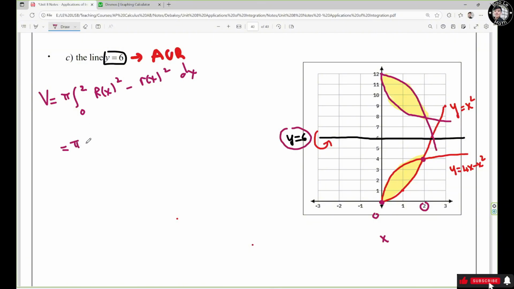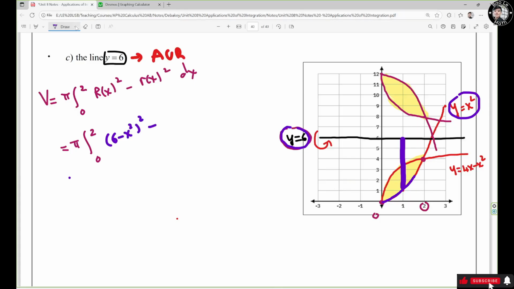It's going to be pi times the interval from 0 to 2. The bigger radius is the distance from here to here, right? Which is y top subtract y bottom, right? Y top is right here, y equals 6. Y bottom is this guy right here, right? So y equals s squared. So you have 6 minus s squared all together squared, right?